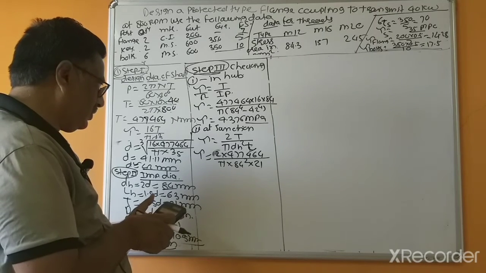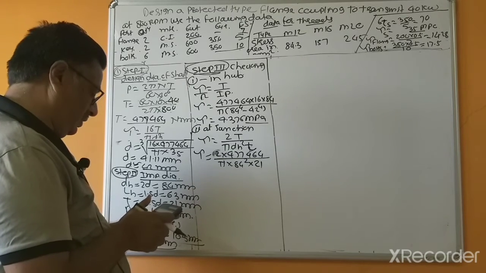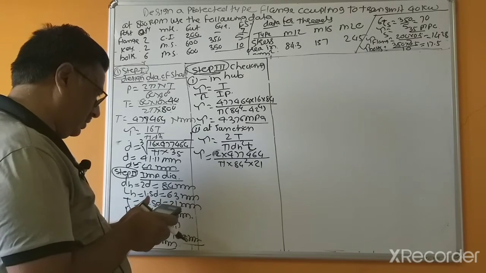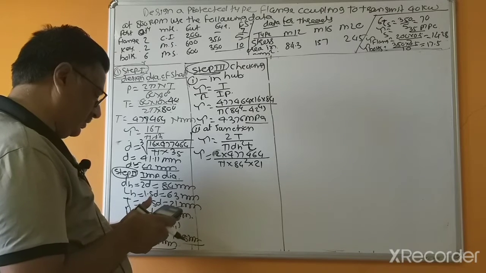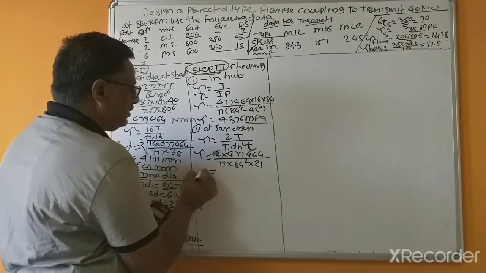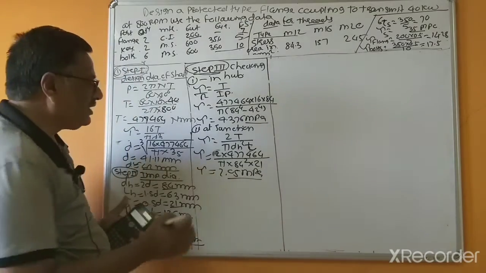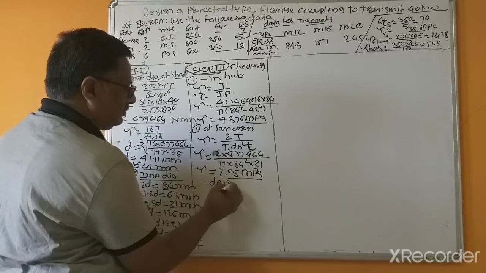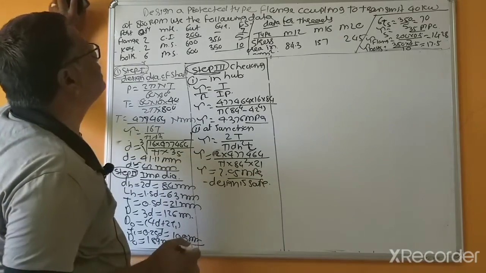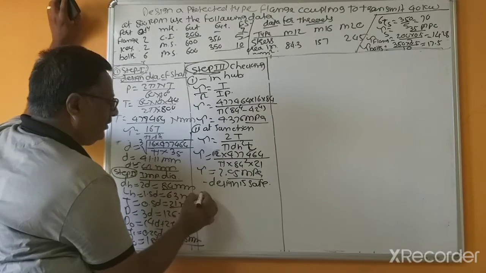So 477,464 multiplied by 2 divided by pi divided by 84 squared and divided by 21. I got 2.05 megapascals. Means design is safe. So what are the next steps? Design the protected types. Third step over.